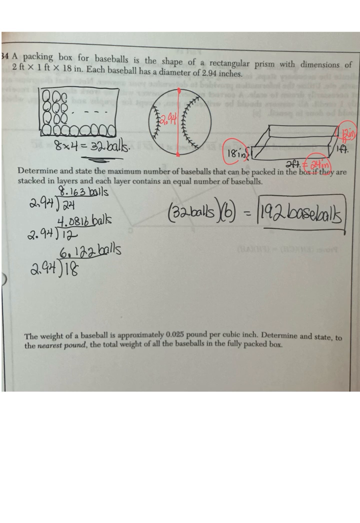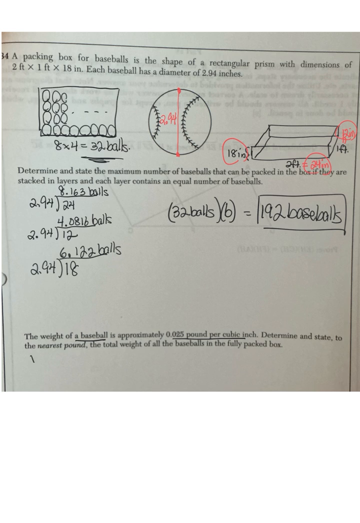All right, the second part of the question says the weight of a baseball, that would be one baseball, is 0.025 pounds per cubic inch. So it says determine and state to the nearest pound the total weight of all the baseballs in the fully packed box. What I'm going to start by doing is finding the volume of one baseball.